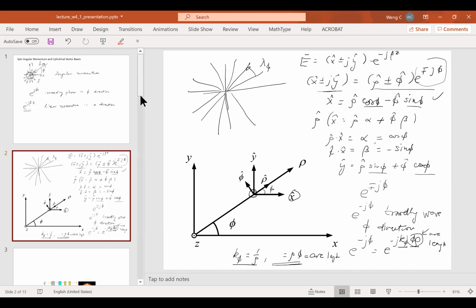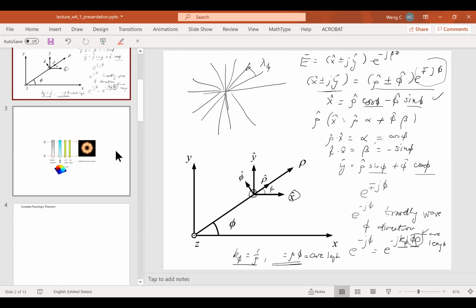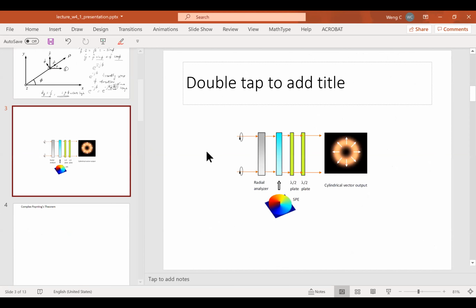This fact has been exploited by some people in the optics community. You will have a circularly polarized light. You can actually pass it through the radial analyzer. This radial analyzer would make this into radially polarized light.